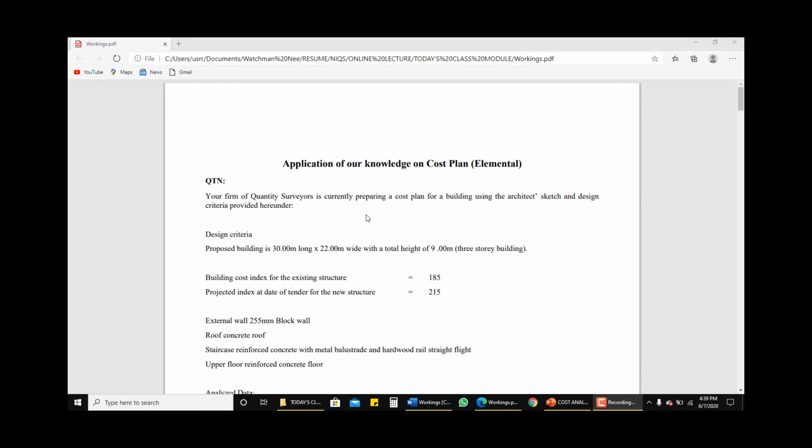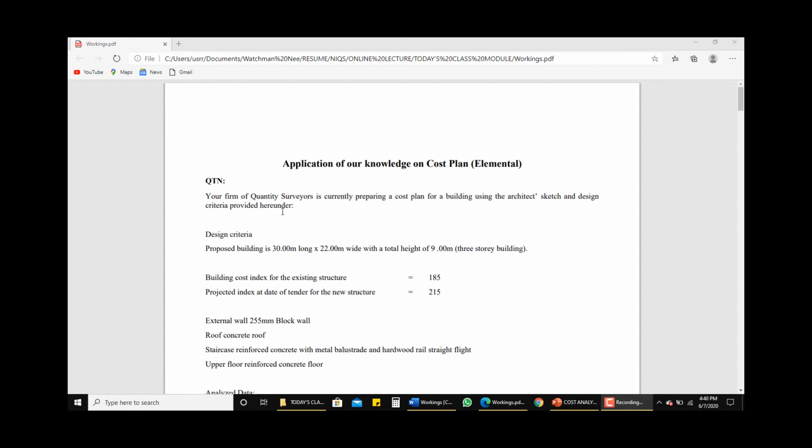So going by our knowledge of how to prepare preliminary estimates, and also what we've learned today on cost analysis, we want to apply that knowledge in preparing a cost plan for a particular project, and I think this should be interesting to you. Since it's a question from a professional qualification exam, it's something that is applicable in the real world out there, and I've looked into it, something that we can actually use for this class.